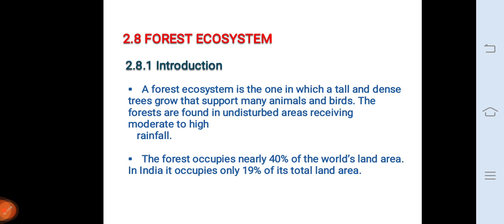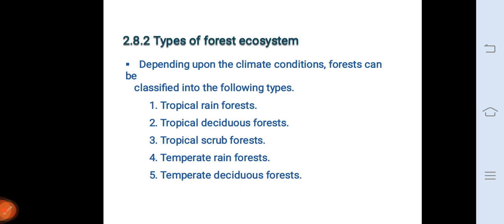Structure and functions of an ecosystem. Abiotic components means non-living components of our environment, and biotic components means living components of an environment. The living components are classified into three types: producers, consumers, and decomposers. Producers produce food during photosynthesis.